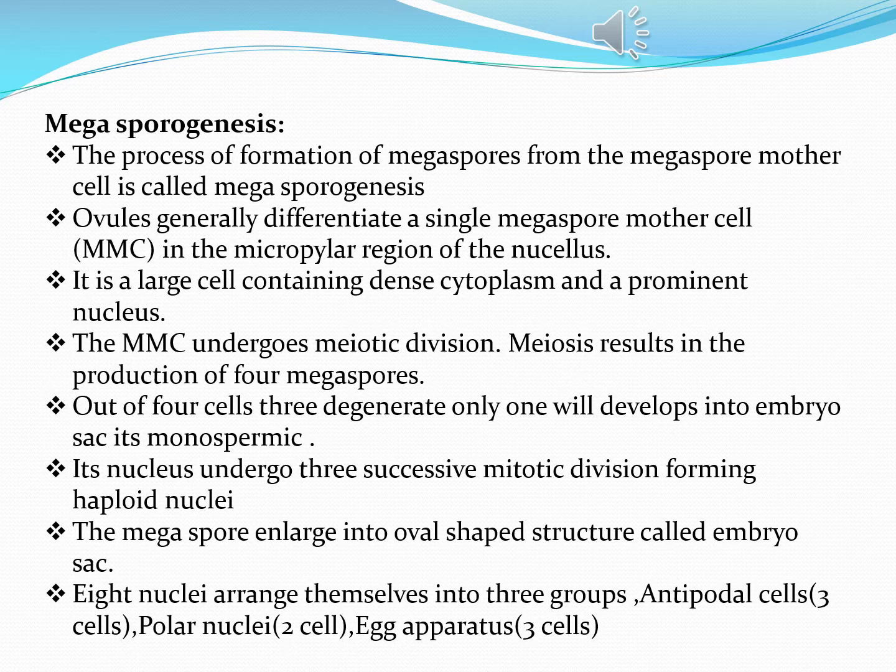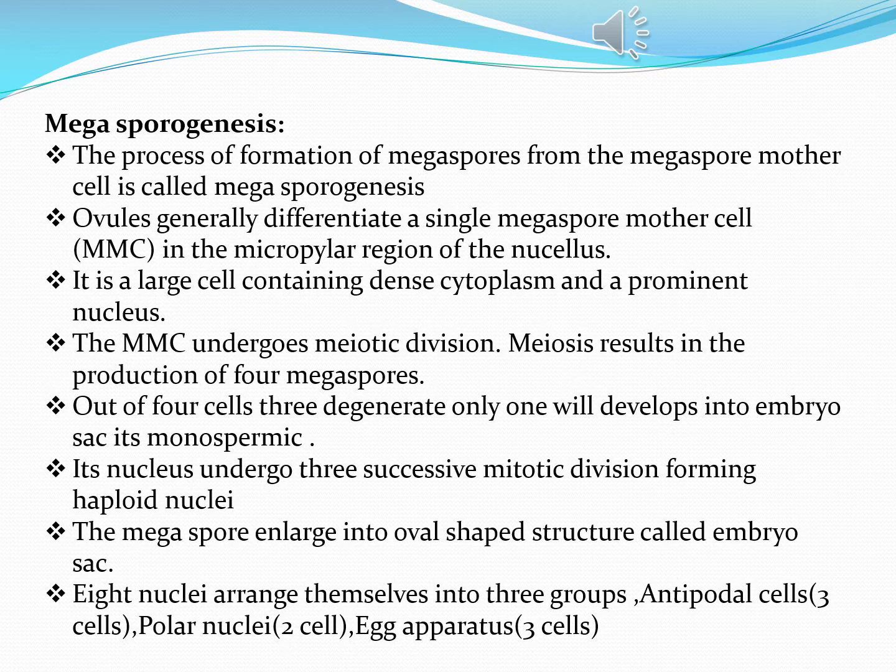This megaspore mother cell undergoes meiotic division and produces how many spores? 4 megaspores. Out of 4 megaspores, 3 degenerate, and only one develops into the embryo sac.